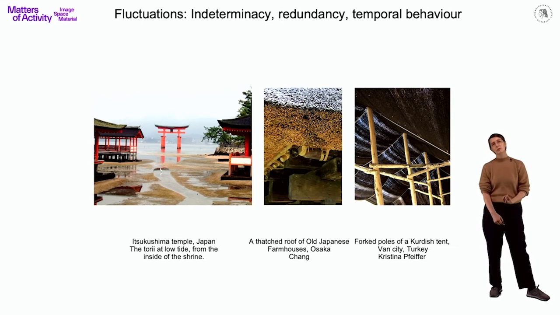Material is inseparable from climate and the nomads' goat keeping and their knowledge of weaving. So all these examples are not based on the logic of control, but the ability of the material to work with surrounding environmental conditions and available energy, relying on material indeterminacy and its temporal behavior.